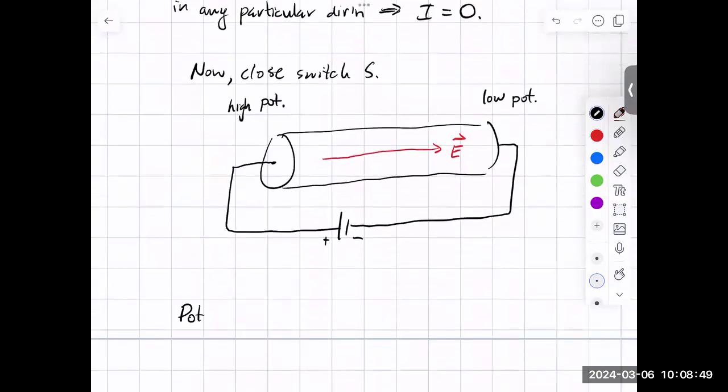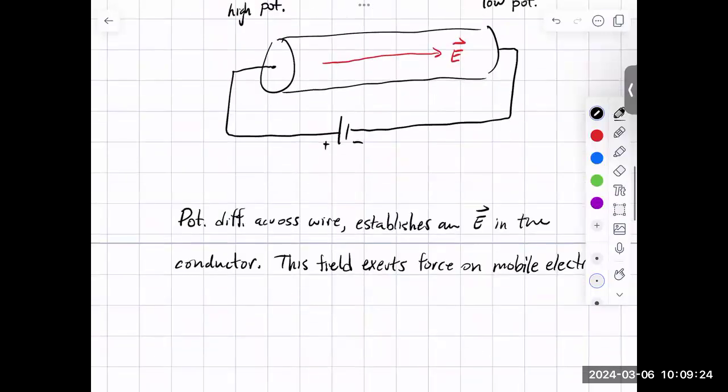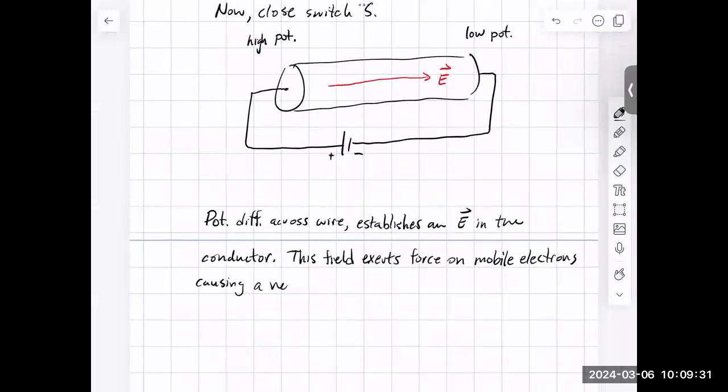And we've already violated that condition. So the potential difference across our wire establishes an electric field in the conductor, and this field exerts a force on the mobile electrons, causing a net flow of charge, or a current.